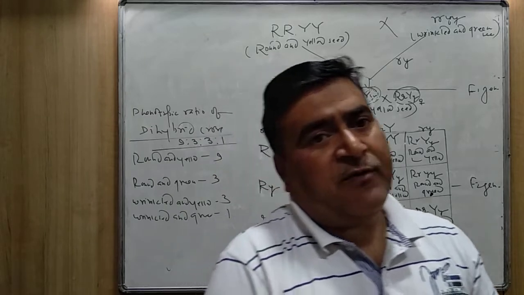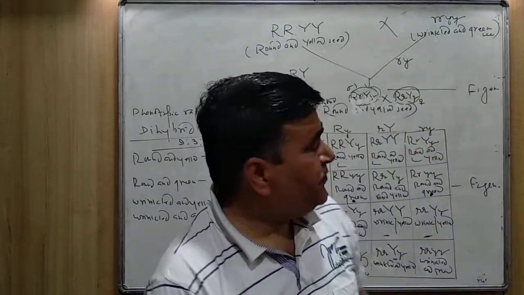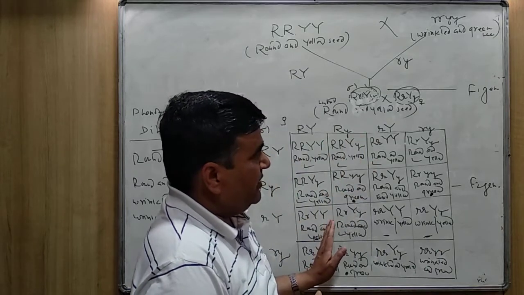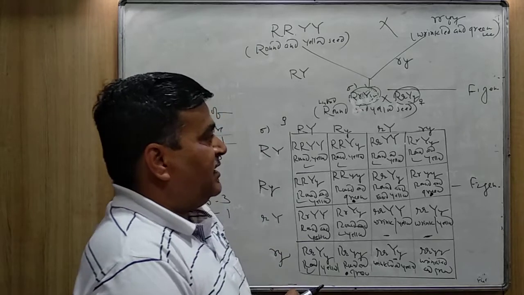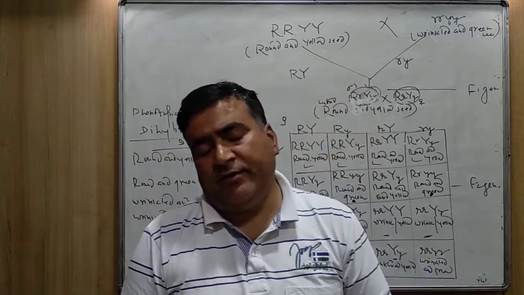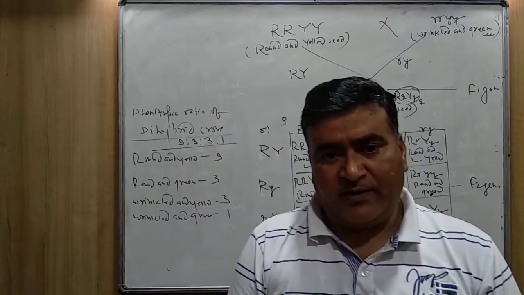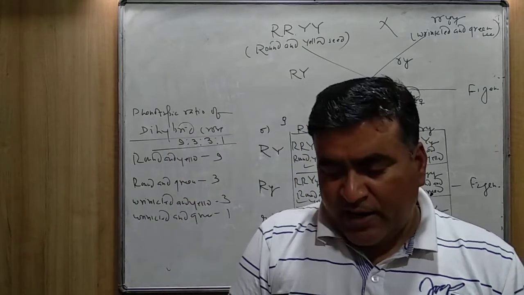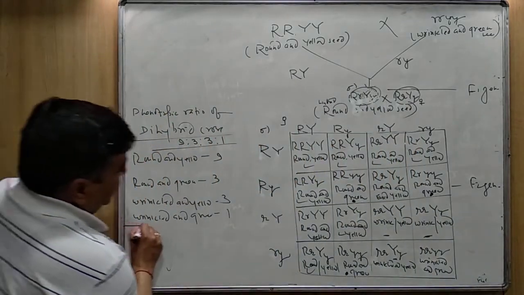But after the self crossing, after selfing, he obtained the F2 generation plants, and in the F2 generation he obtained the plants in the phenotypic ratio of 9:3:3:1.